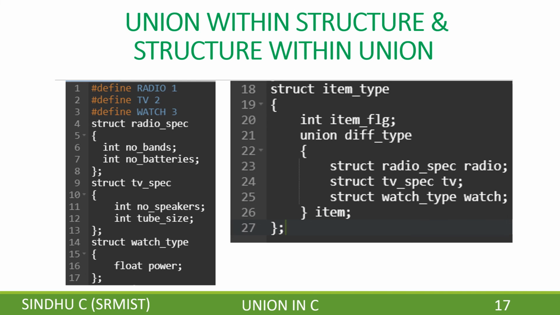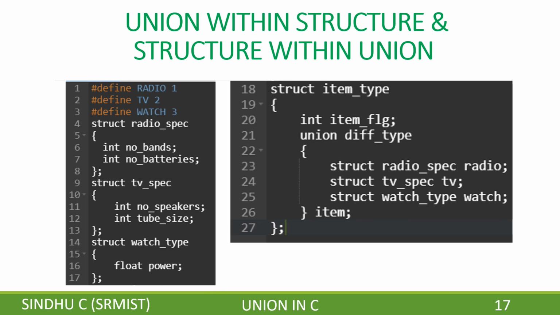Now you have another structure, item type, inside which you have two items. One is of the type int, the other is of the type union. So this integer item is item flag. Then you have the union, which has three structures in it. And the union's variable is of the type item.